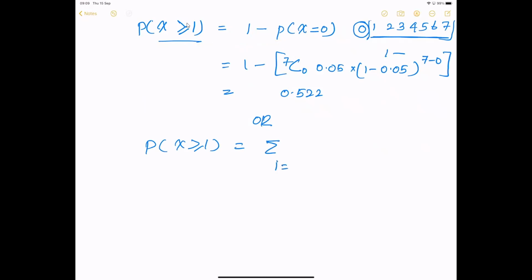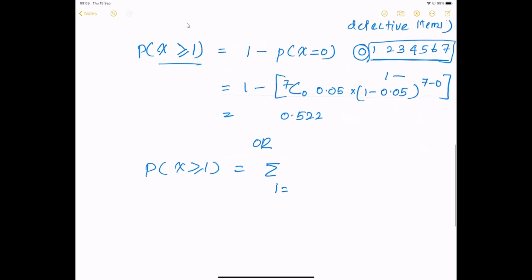We want to take the probability of x greater than or equal to 1, from 1 to 7, because what is the maximum number of trials? That is 7. The question says that they are considering the number of trials as 7, right?